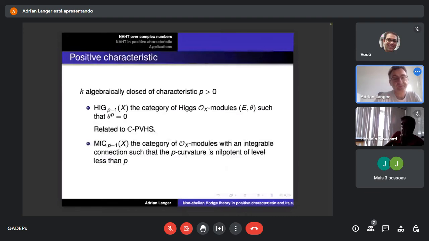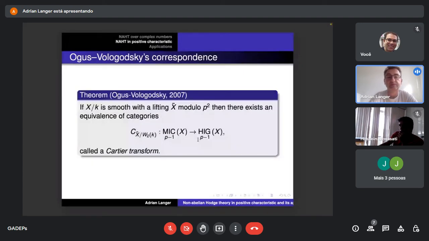So the basic theorem that was proven around 2007, I think, is saying that if you have a smooth variety and you assume that this variety is liftable modulo p squared, then there exists an equivalence of categories between these modules with integrable connection with these nilpotence conditions that I talked about, and Higgs bundles with these nilpotent conditions.